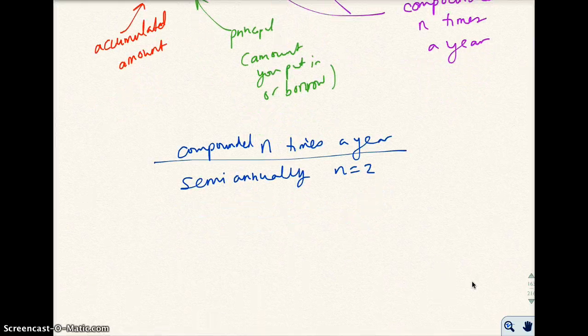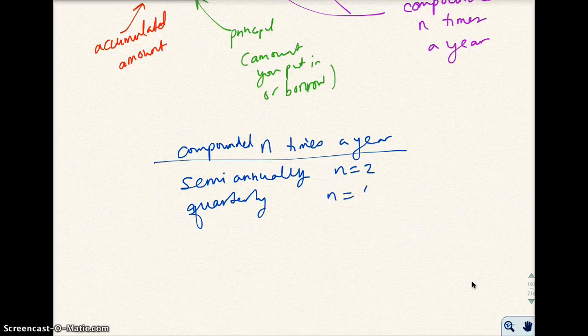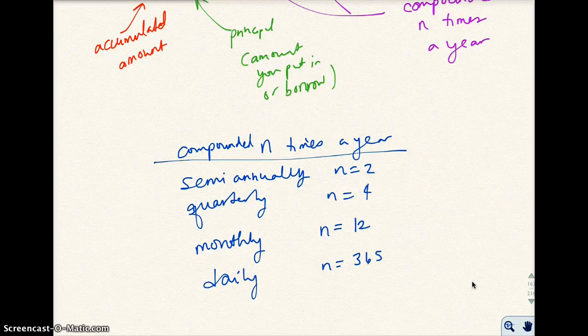If it is quarterly, n equals 4. That happens 4 times a year. If it's monthly, n equals 12. That happens every month, so 12 times a year. And then daily, n equals 365 or 360.